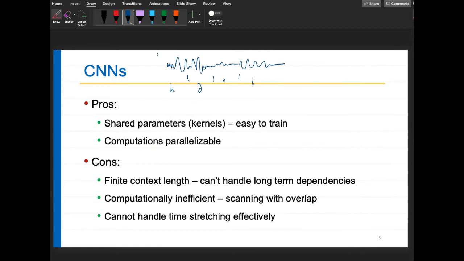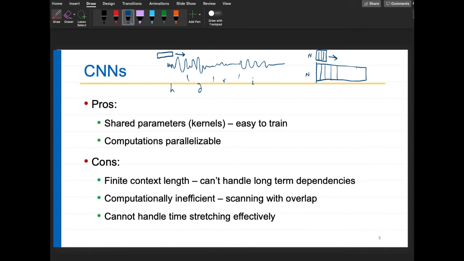I can make a window. This is my CNN kernel, and it will move over the entire audio. I can consider a time series, or the waveform, or the spectrogram as you suggested. In that case, it will be just a matrix like this, but your kernel will be something like this, of size n by n. You are just moving in one direction, not in two directions.